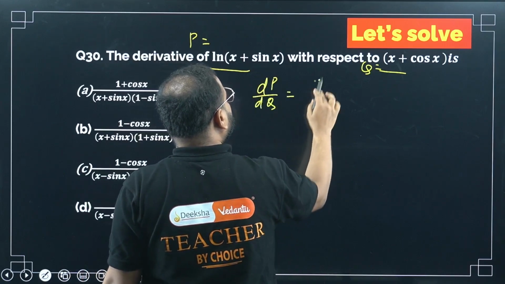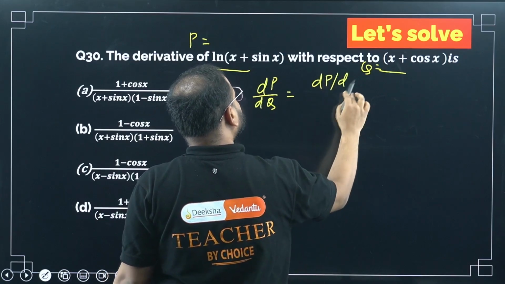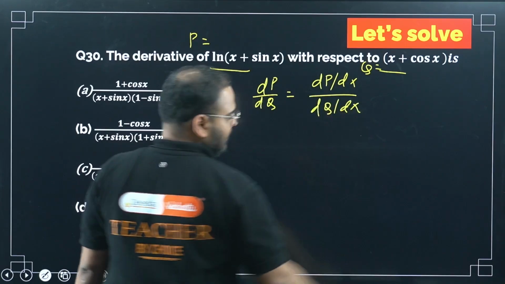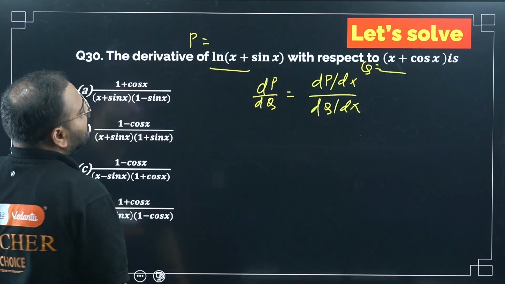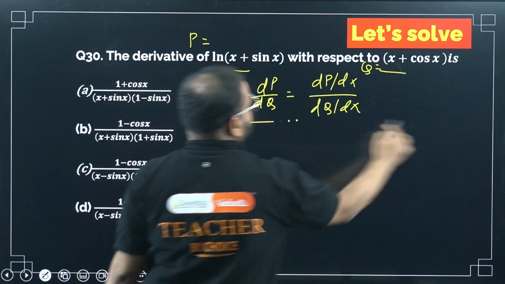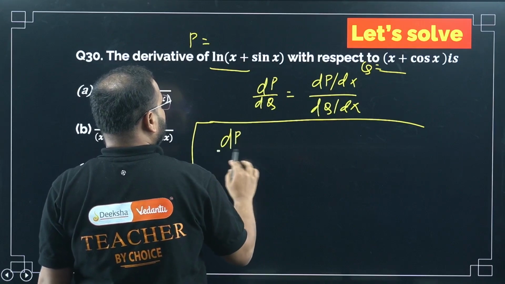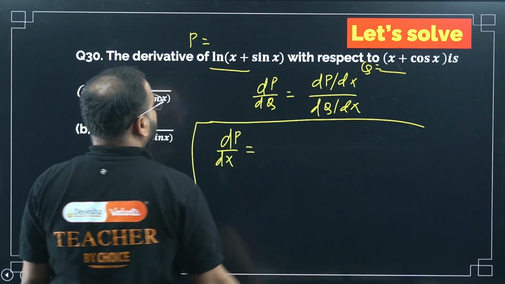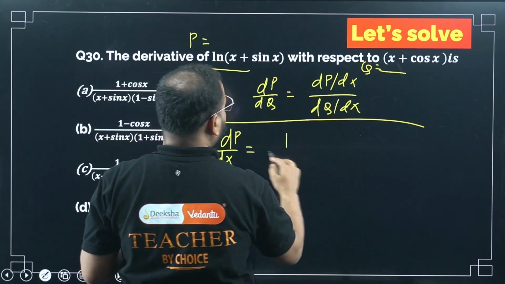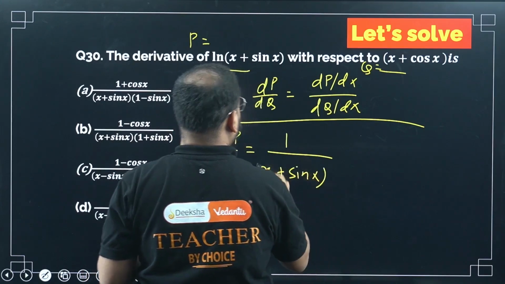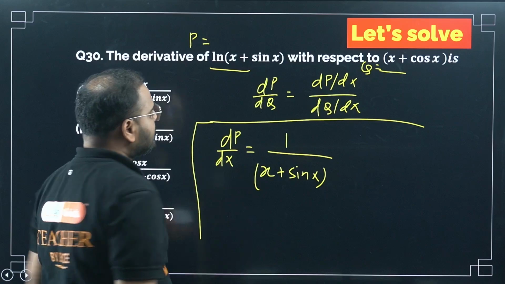I can simply write it as dp by dx first, and then dq by dx, a parametric form expression. So find dp by dx first. How much will that be? For ln, 1 upon x plus sin x.